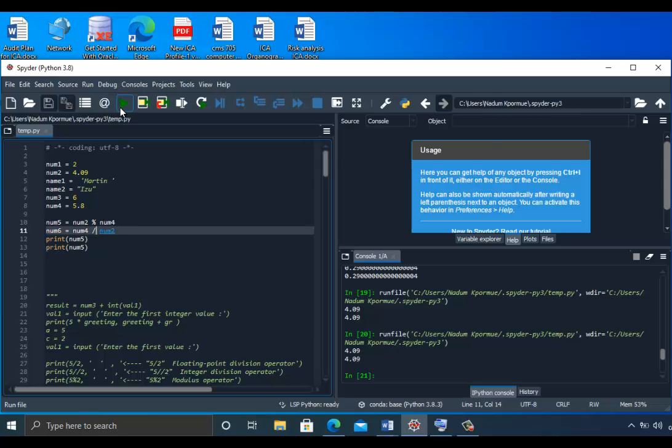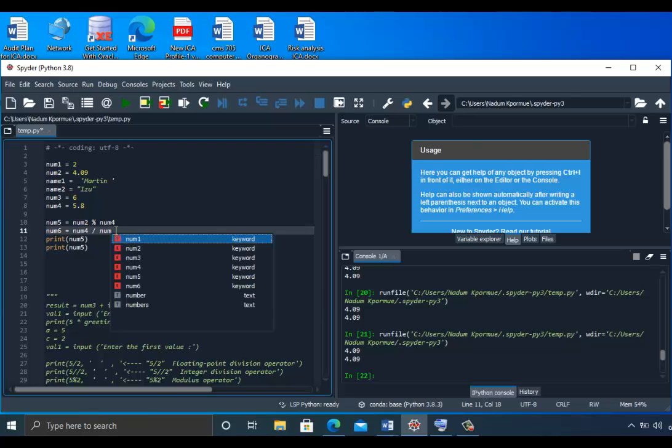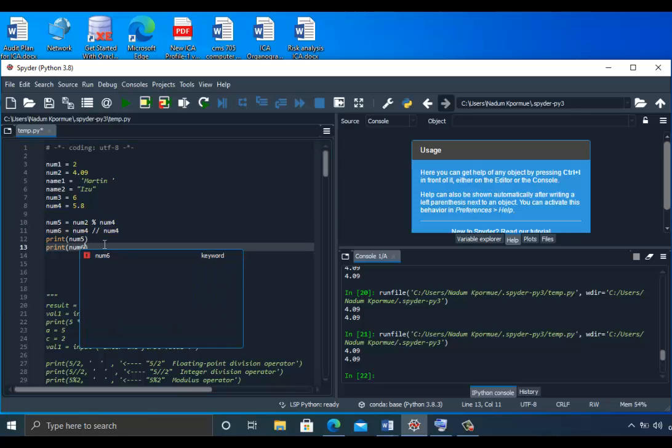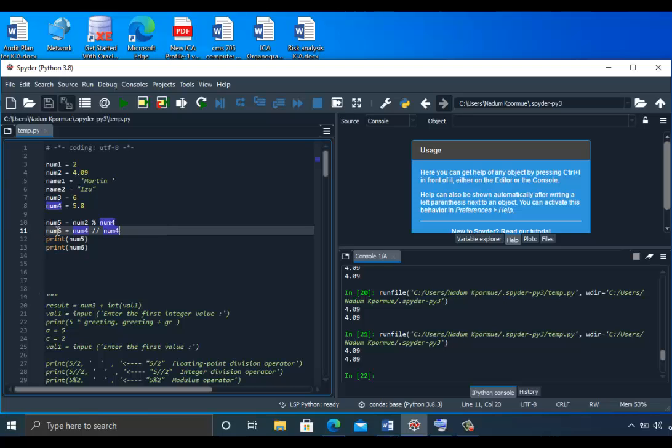Let's see what we'll have. Num1 divided by, then we change this. Sorry, I didn't get num4. So I'll change this to num6. There was an error. I'm supposed to change this to num6, but I left it as num5.